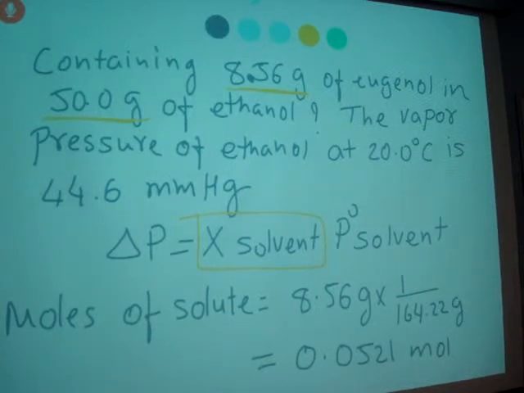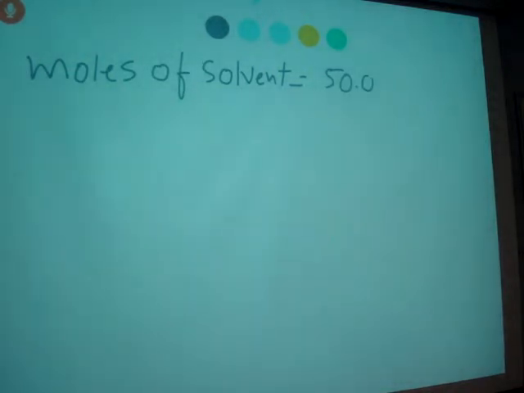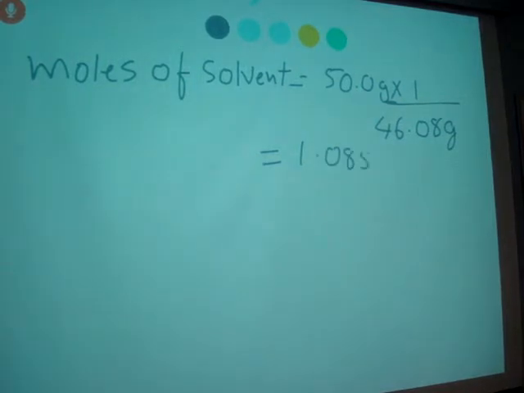We have 50.0 grams of ethanol, so the moles of solvent is 50.0 grams divided by its molar mass, 46.08. When you calculate, you get 1.085 mole.